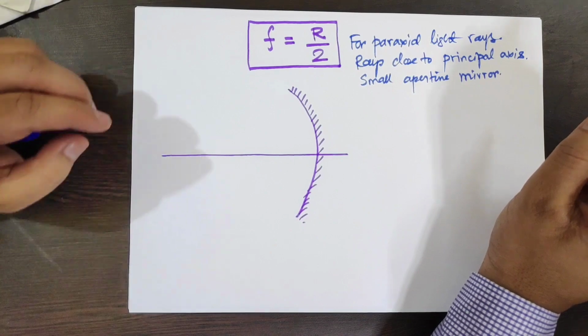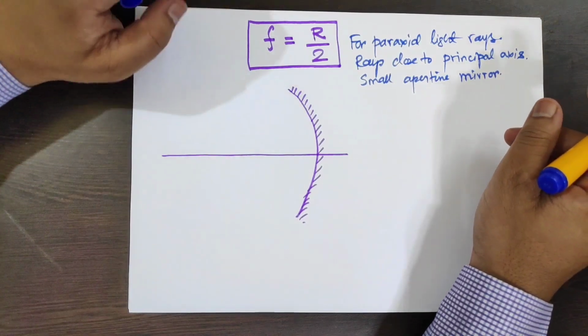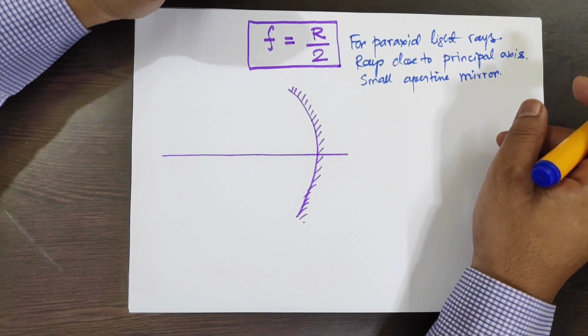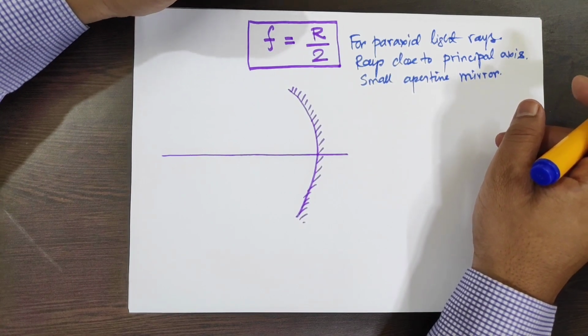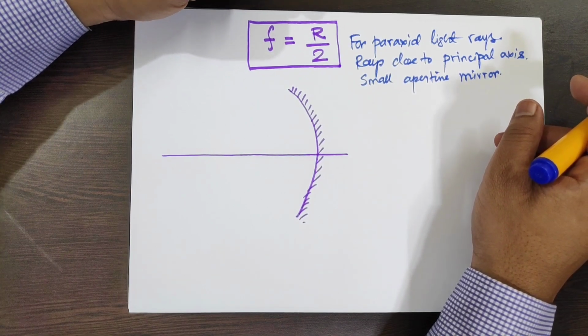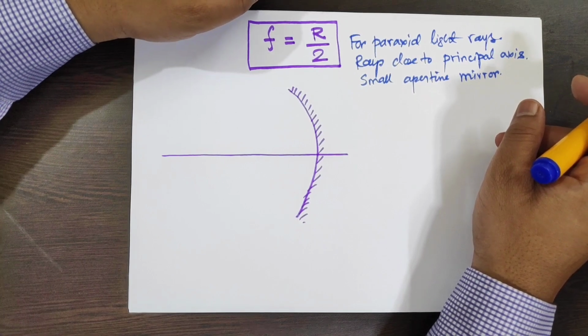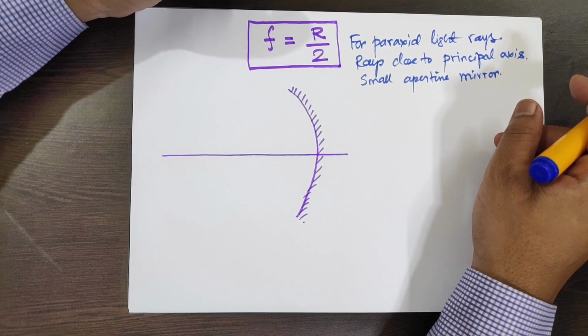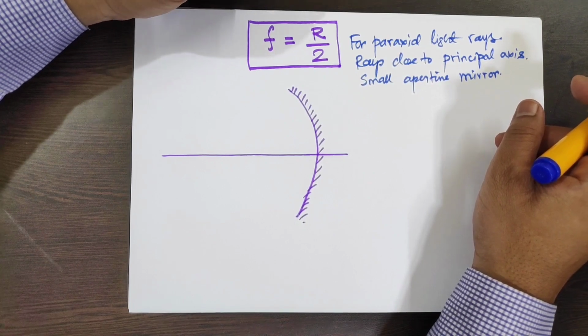Obviously small compared to radius of curvature. If aperture size is small, it is guaranteed that light rays will be close to the principal axis, because the diameter of aperture is itself very small compared to radius of curvature of the mirror.